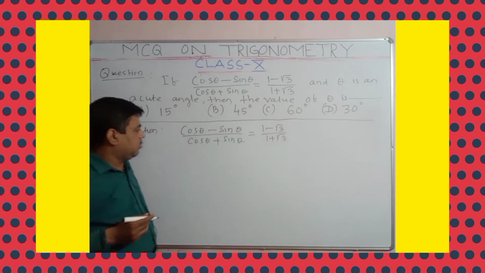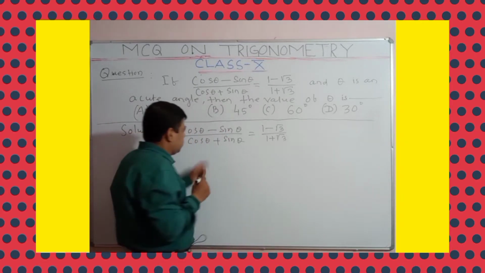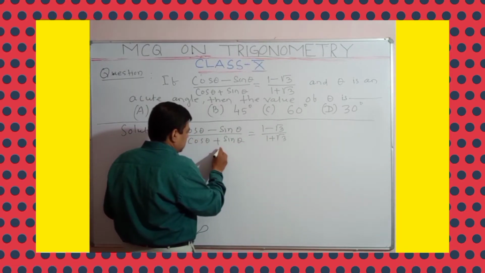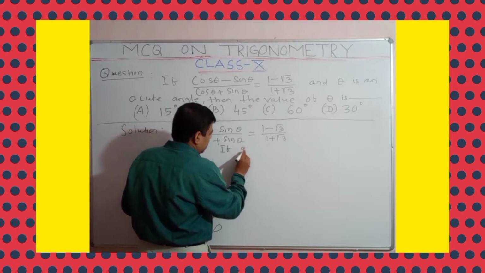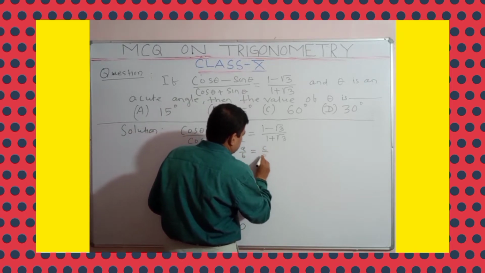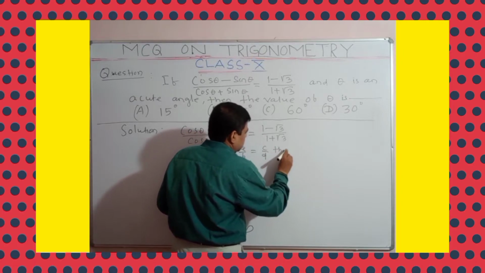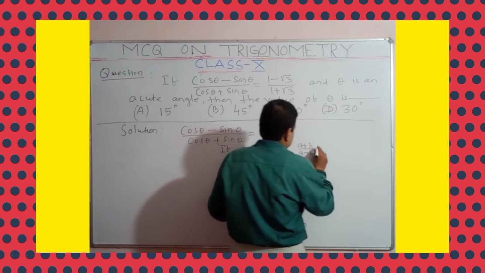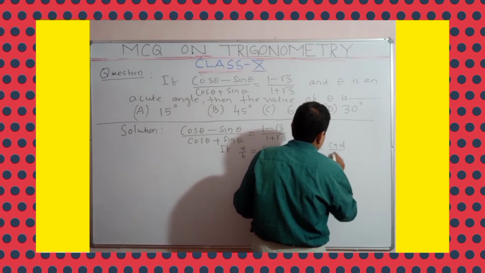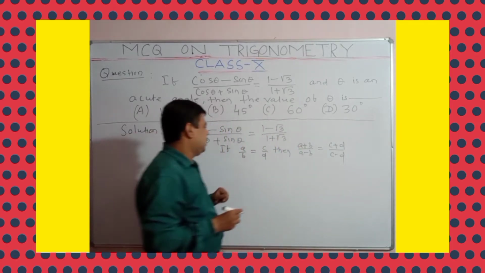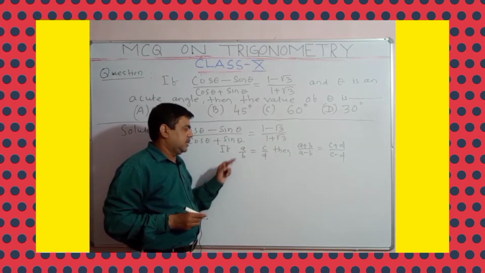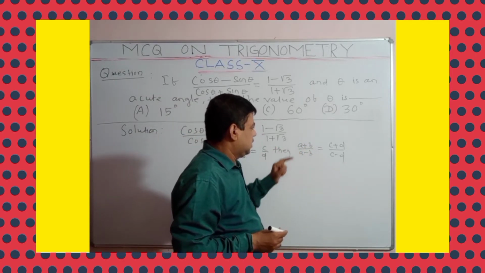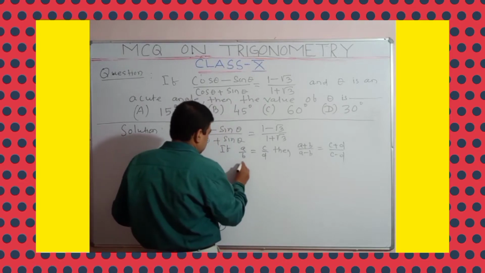Here we can solve it by using the property of the proportion. One of the property of the proportion we know: if A upon B is equal to C upon D, then A plus B divided by A minus B is equal to C plus D divided by C minus D. If A by B is equal to C by D, it means A, B, C, D are in proportion, then A plus B upon A minus B is equal to C plus D by C minus D. It is called what?